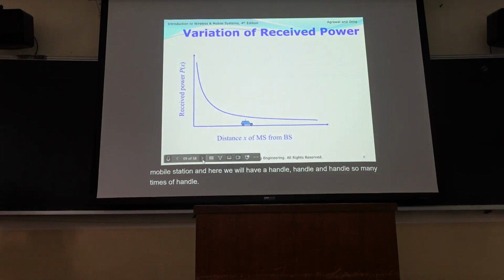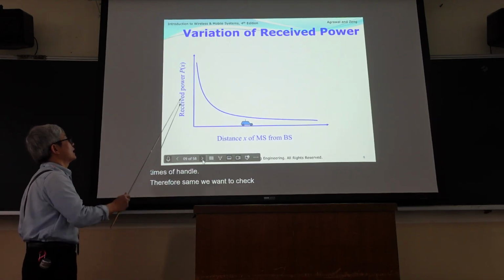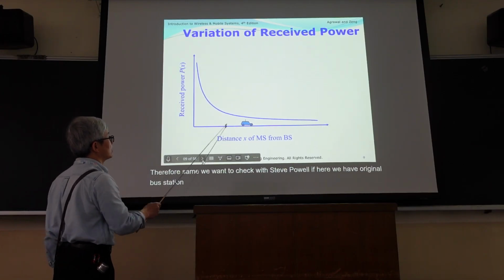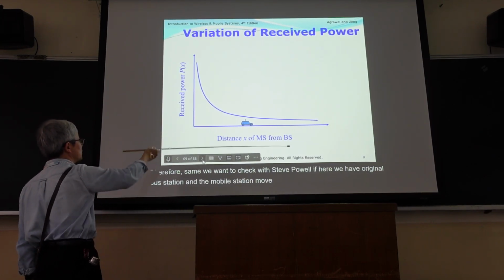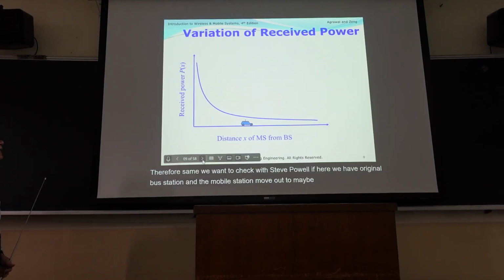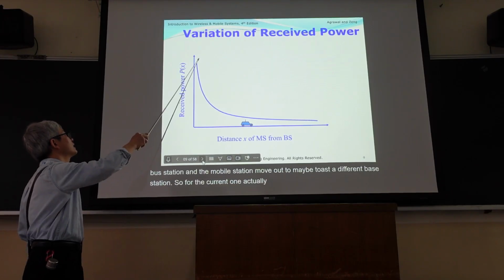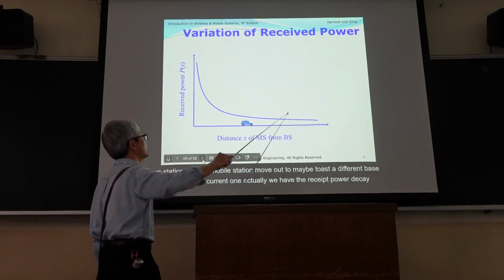Therefore, we want to check the receive power. If here we have the original base station and the mobile station moves out towards a different base station, then for the current one we have the receive power decay, and the other one increases.